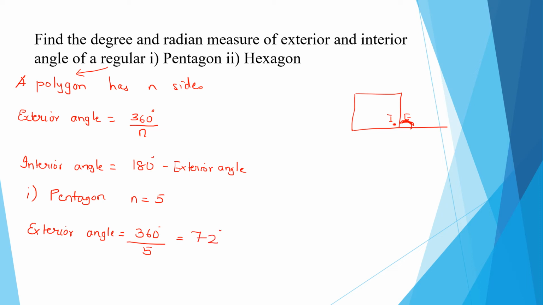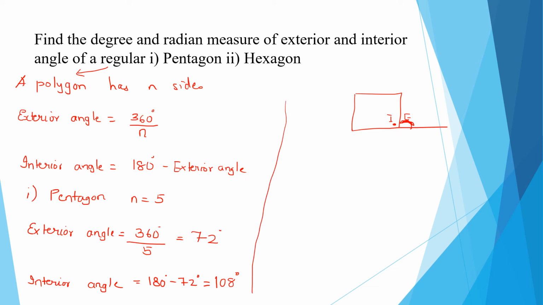So each exterior angle of a regular pentagon will be 72 degree. Therefore the interior angle will come out to be 180 degree minus 72 degree, that is 108 degree.